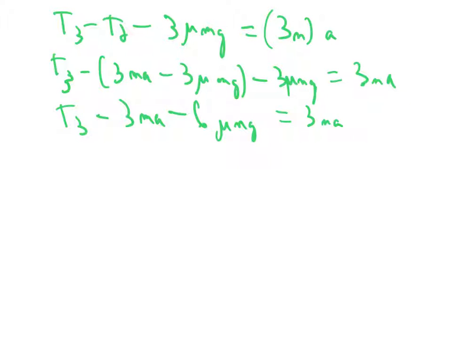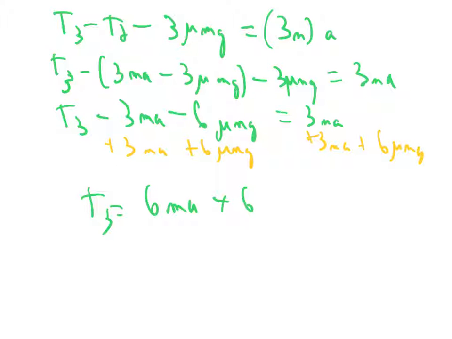Then we add everything to the other side, plus 3ma and plus 6 mu mg, and I'm left with T3 equals 6ma plus 6 mu mg. And once again, we have T3 greater than T2 greater than T1, as promised.